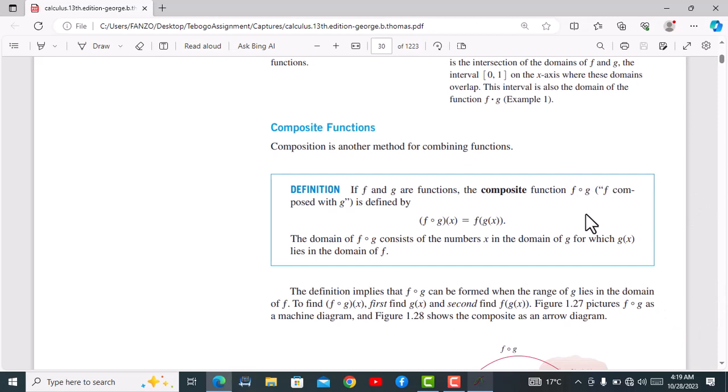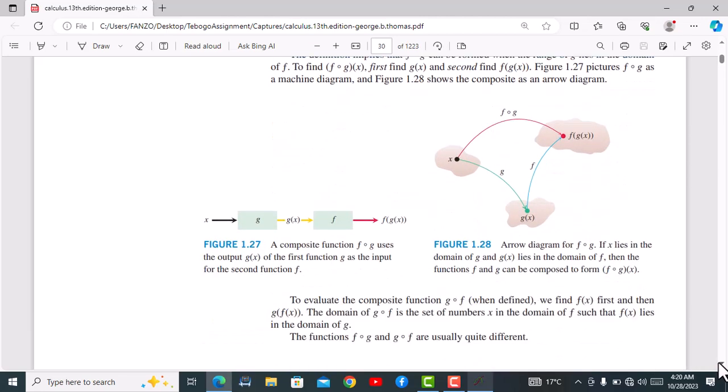If f and g are functions, the composite function, denoted by this open circle, f∘g, f composed with g, is defined as defining the function g inside the function f. The domain of f∘g consists of the numbers x in the domain of g for which g of x lies in the domain of f.